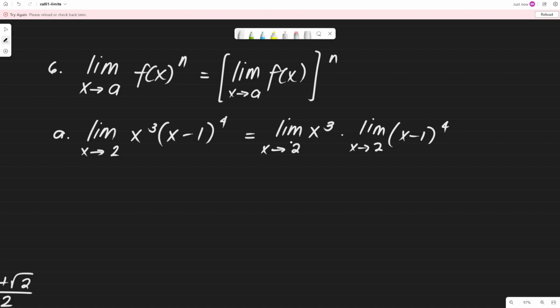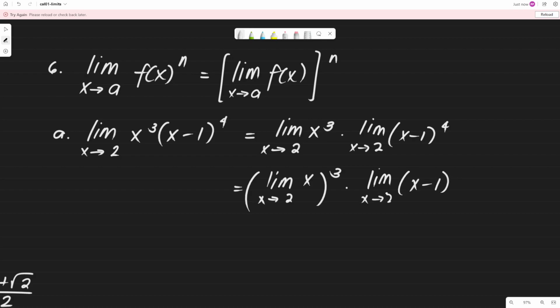Let's apply our theorem. We have the limit of x as x approaches 2, quantity cube, times the limit of x minus 1 as x approaches 2, quantity to the fourth.